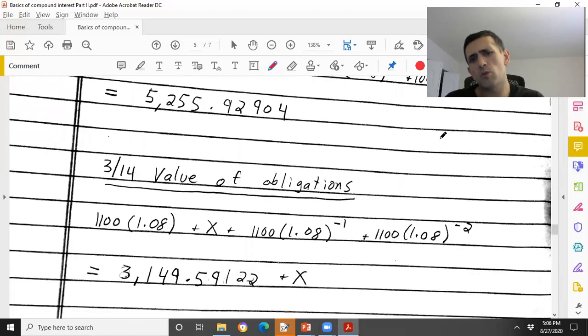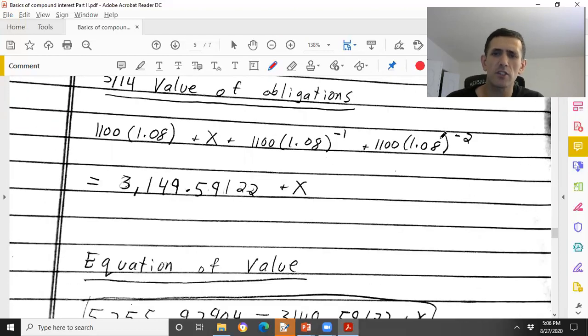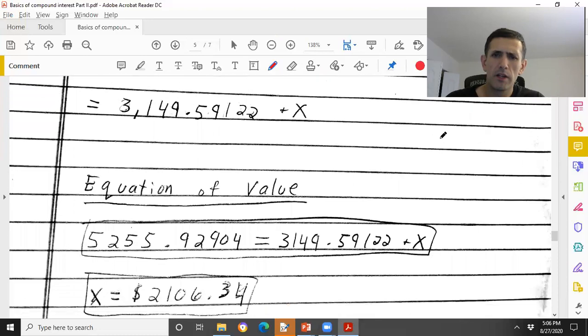And it's $3,149 and roughly 49 cents plus X. And you solve, and you get an answer that's roughly the same. It's off by like $100, $26.34. Okay.